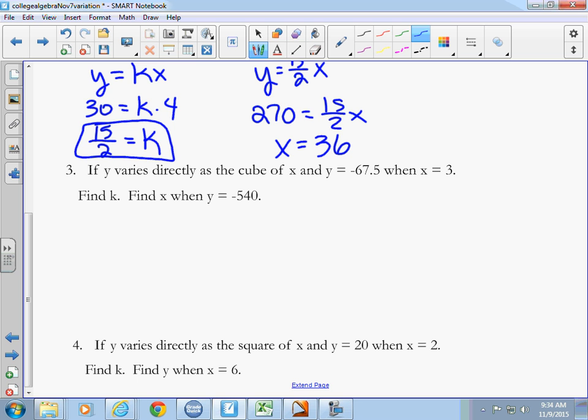The cube of x. So how will my equation be different? X will be cubed. So y varies directly with x cubed. So the varying directly part is that whenever it's varying directly with, it's multiplied by a constant. So the equation's slightly different.